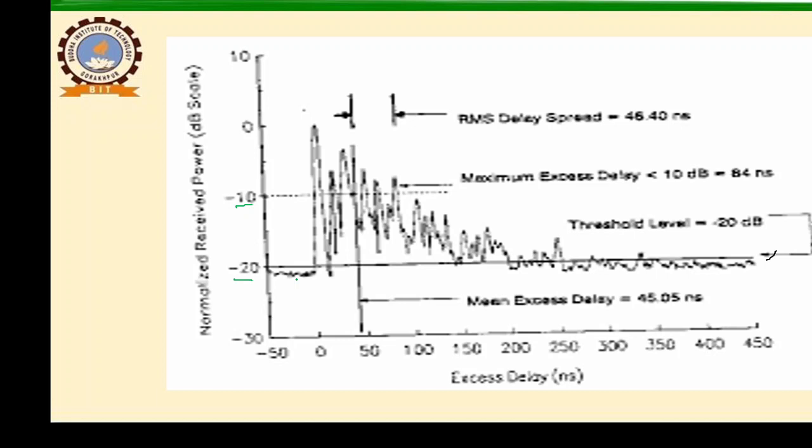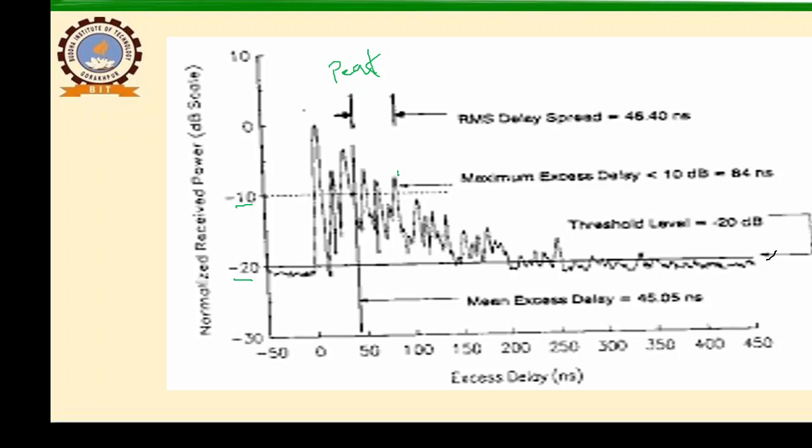Now you can see here the second peak of this second threshold, minus 10. You can see this is the second peak of your received signal, and when it touches the minus 10 dB threshold, from this peak to the last peak of your signal which falls above minus 10 dB.